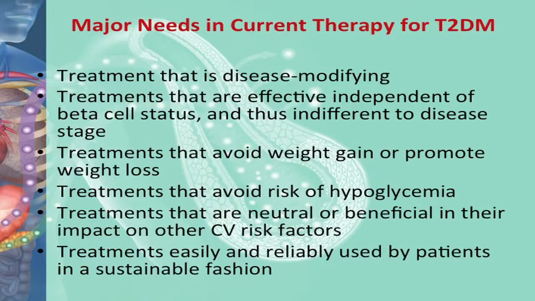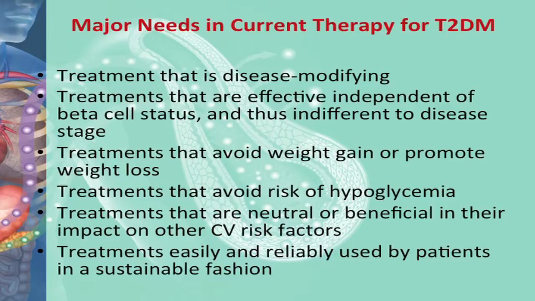Because there are a number of needs that we've had in diabetes that, quite frankly, have remained either unmet or have been inadequately met. Things like treatments that can modify the course of the disease, treatments that are effective independent of the status of the beta cell, and thus indifferent to the stage of the disease at the time you're encountering the patient.